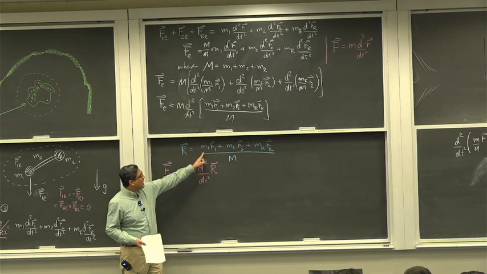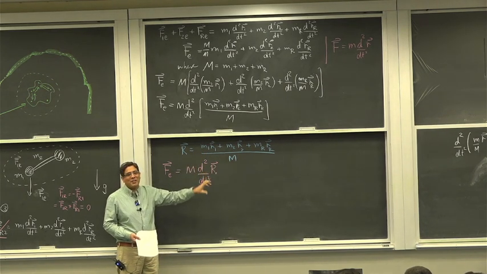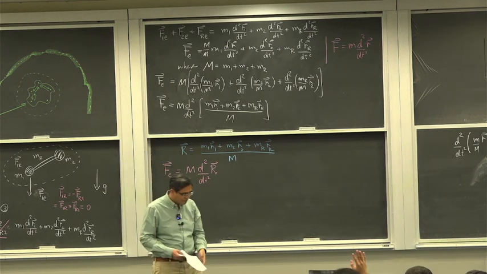Yes, but I'm multiplying them with masses as well and then dividing by the total mass. It is the mass weighted average position. I can show you by an example in a minute, if you give me a few seconds.